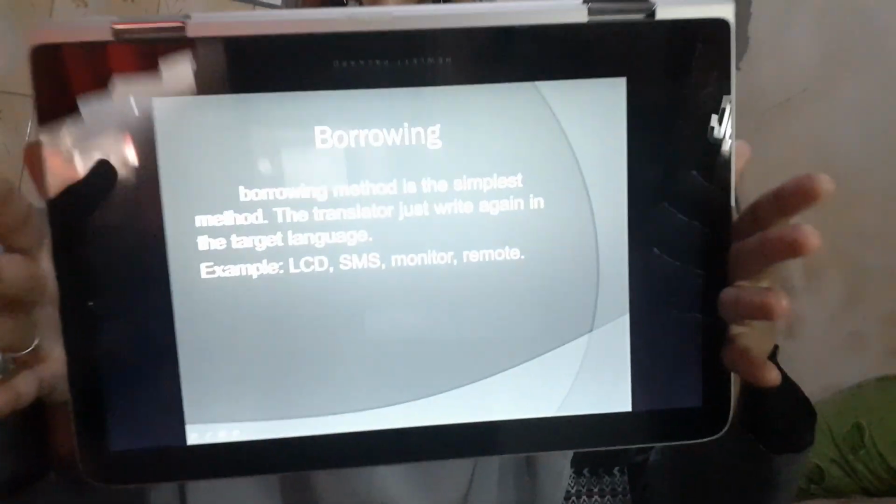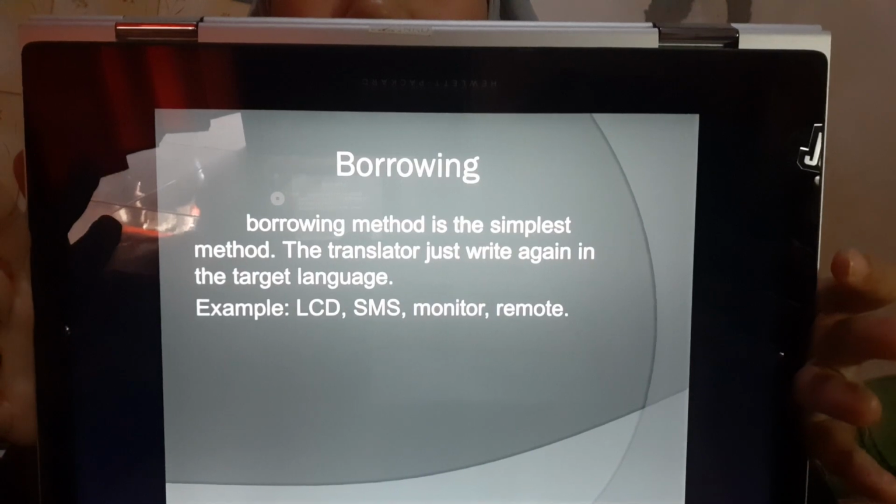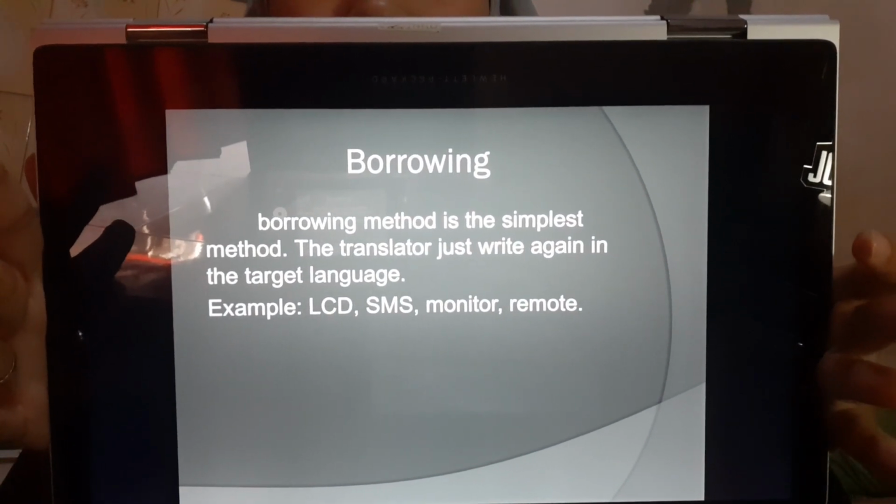Okay, the first is borrowing. Read this one first. Alright, borrowing is the simple method of translation. We often use it in our daily life.